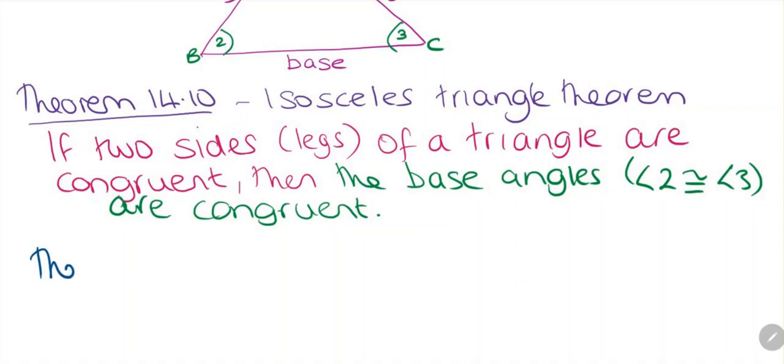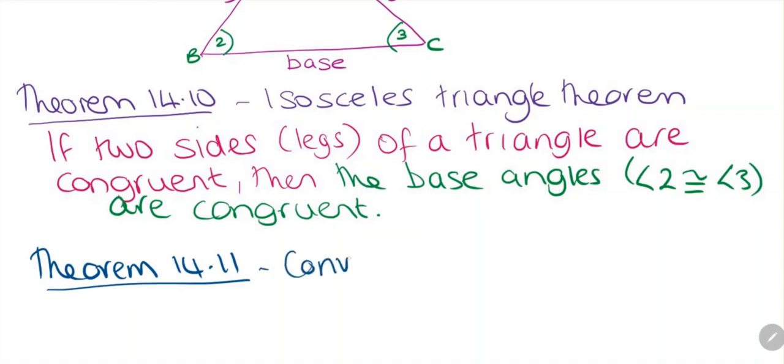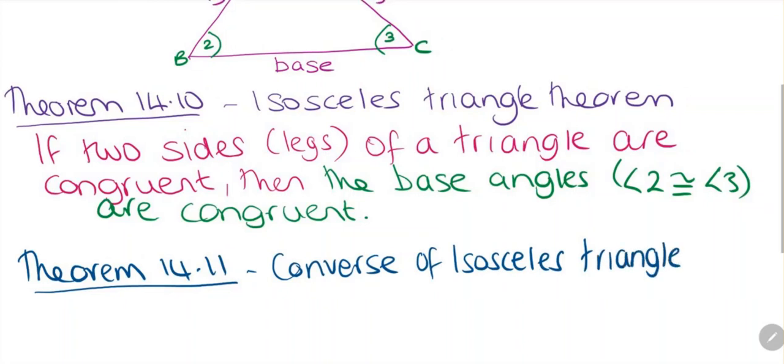Theorem 14.11. This is called the converse of isosceles triangle theorem.